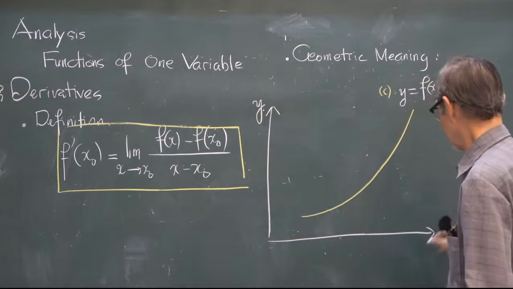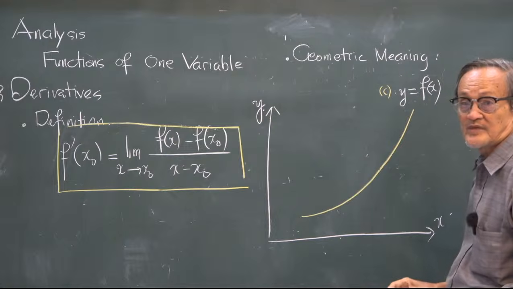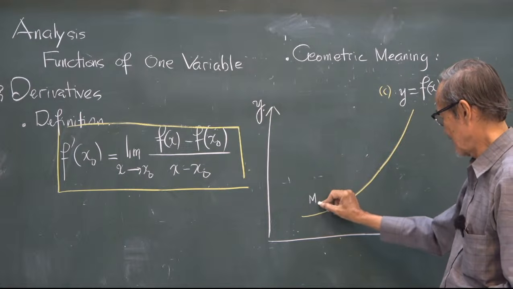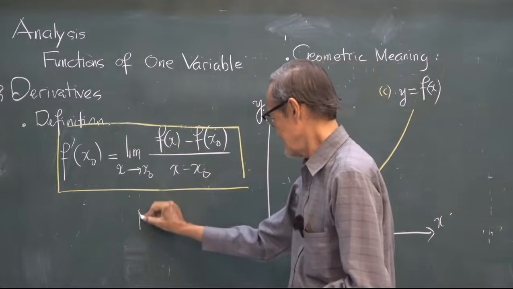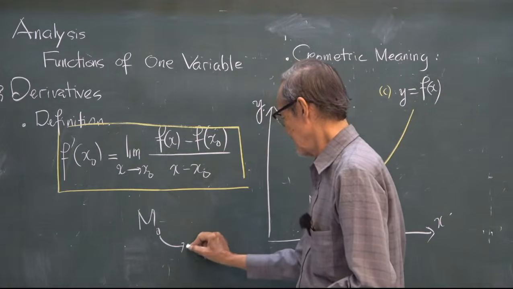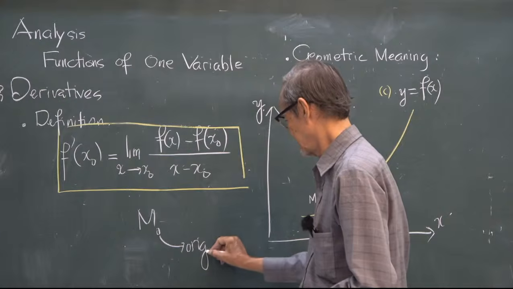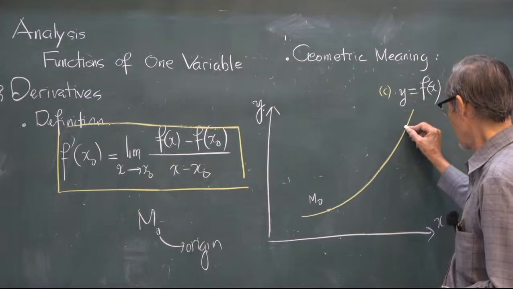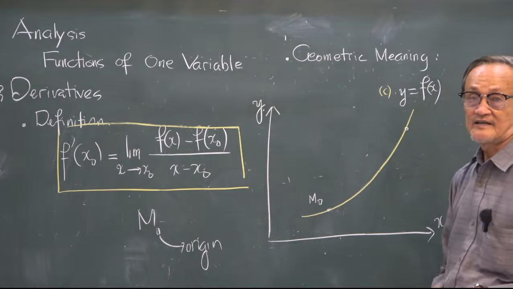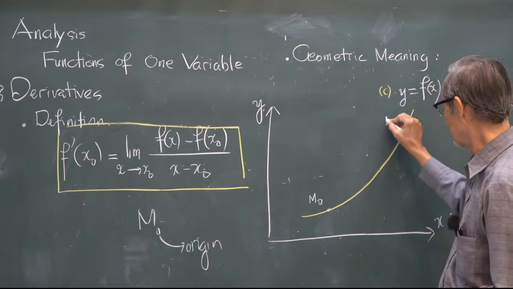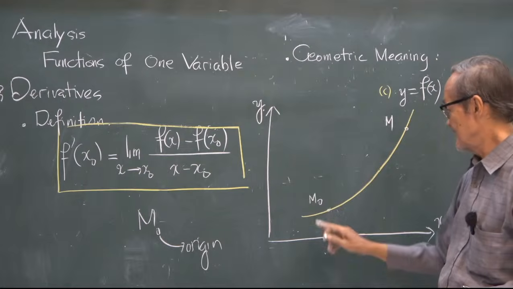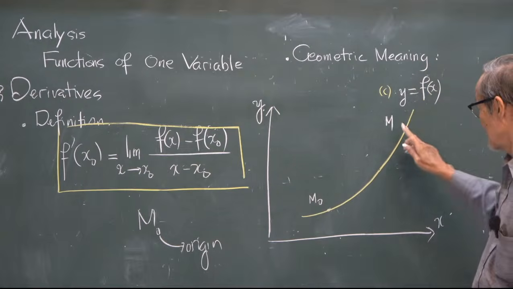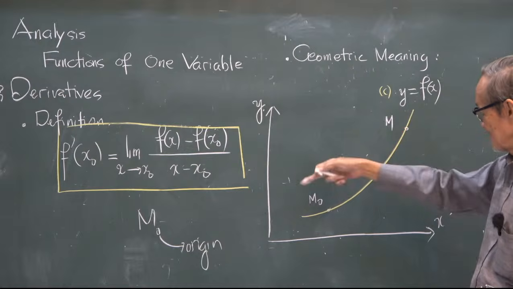On the curve, we take the point M0, origin, and another point on the curve M. Consider M0 origin and another point M on the curve.